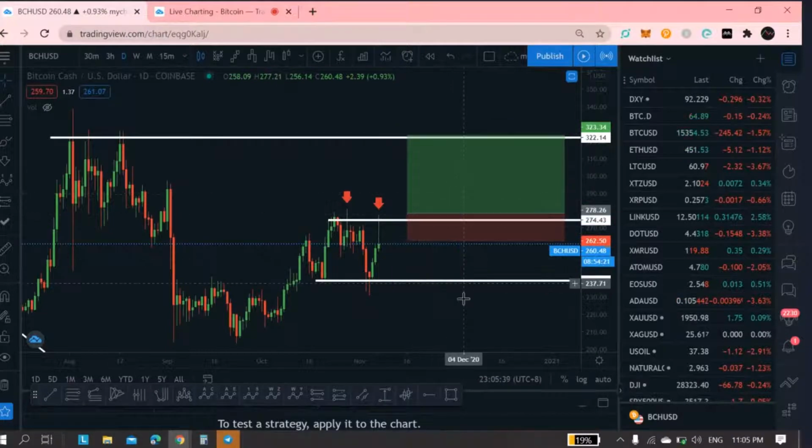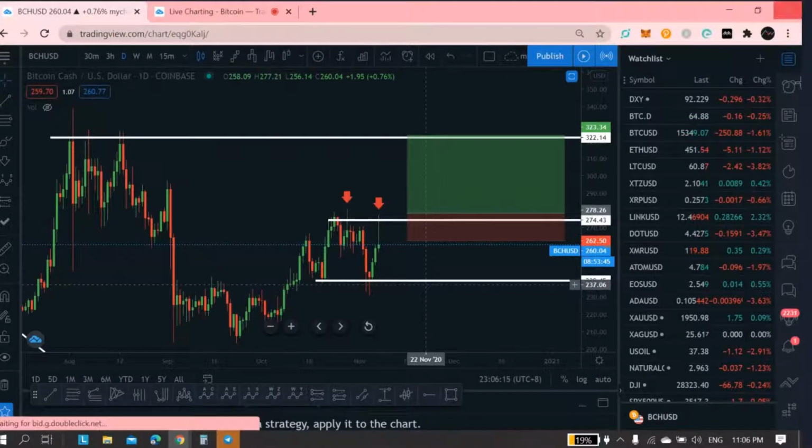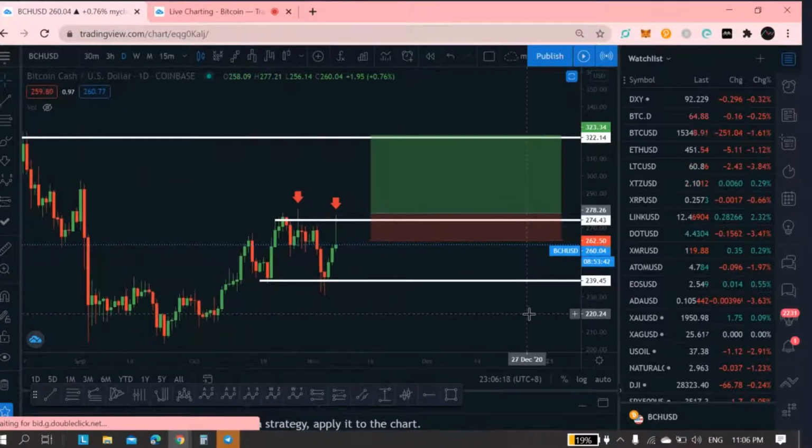I'd rather wait at breakout before I go long. So I think that's it for Bitcoin Cash. No trade zone for me at the moment.